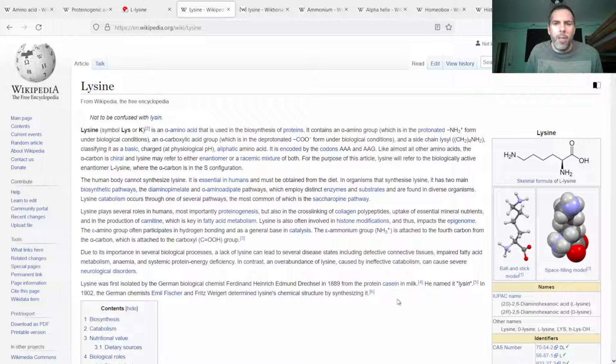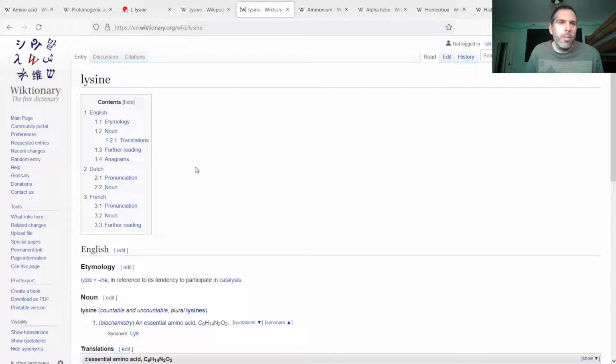It was discovered looking at protein from casein in milk, the protein casein. It was named lys because of something related to that discovery, or at least named by the discoverer. And according to Wiktionary, it's in reference to its tendency to participate in catalysis, where lys is indicating that it's cutting.